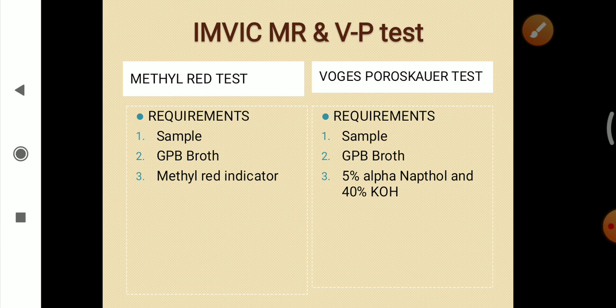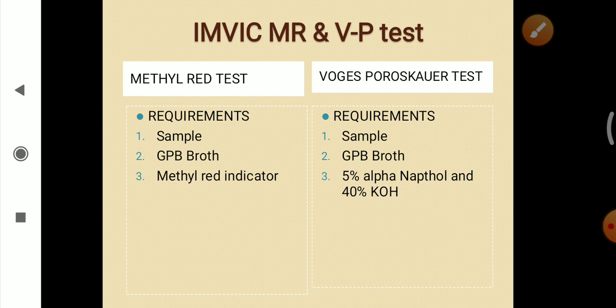Whereas to perform the Voges-Proskauer test, we will take the GPB broth. In that we will inoculate our culture or a sample, and then we will incubate at 37 degrees Celsius for 24 hours.